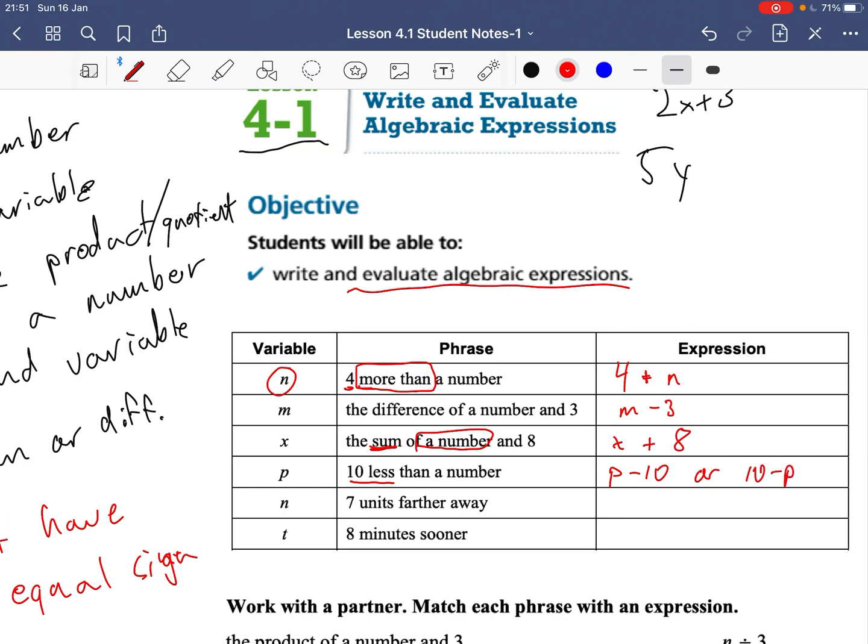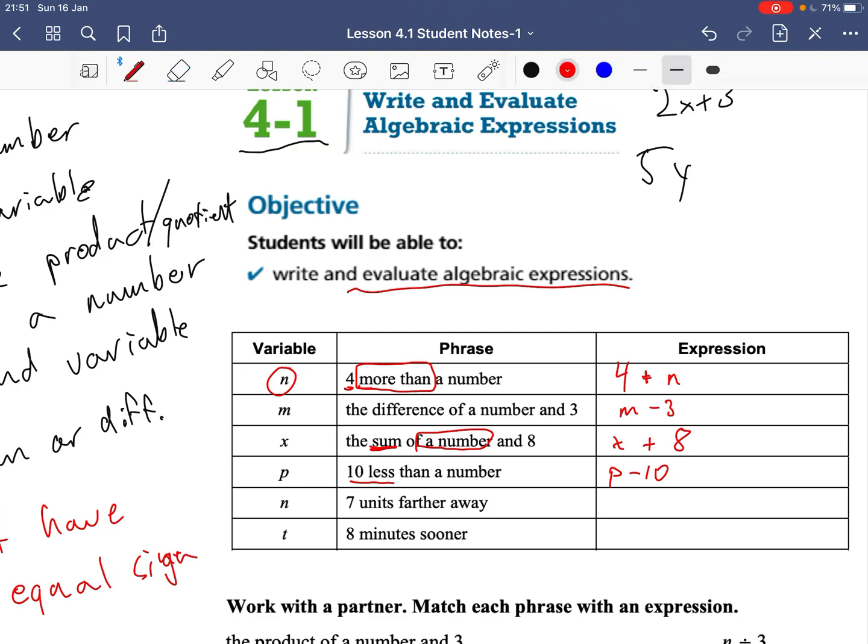These two things are not the same, they're different. So I believe we would want it to be 10 less than a number p.